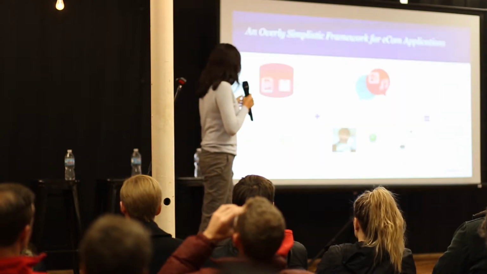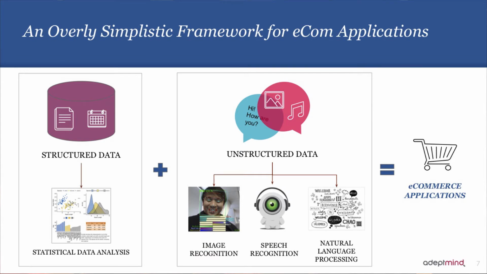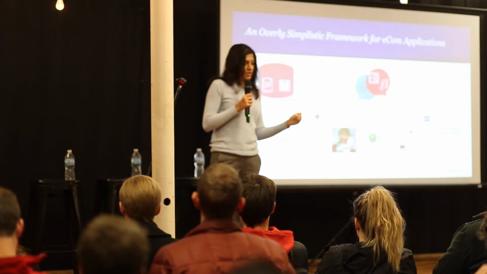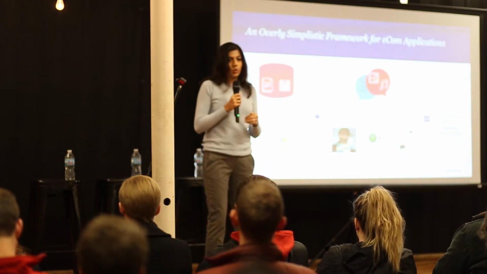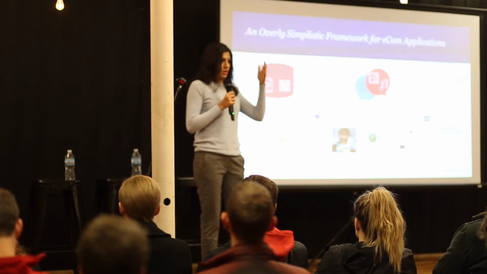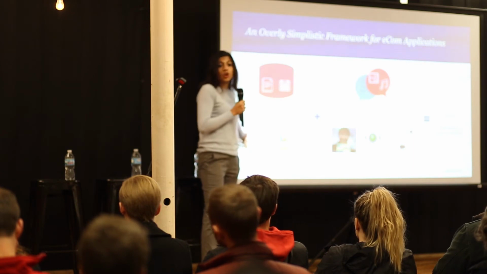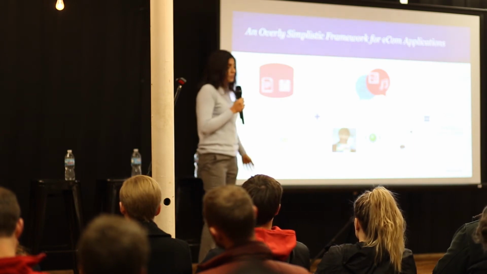This is a very simplistic application framework for you guys to just use to understand how e-commerce applications come out from artificial intelligence. There are two types of data. There is structured data. Let's take your sales data, for example. If you sold 20 items on Monday and 30 on Tuesday and 40 on Wednesday, that's structured data. You can make beautiful tables out of it. You can do statistical data analysis, draw graphs, and analyze it.